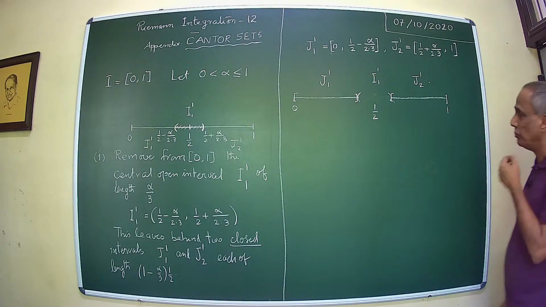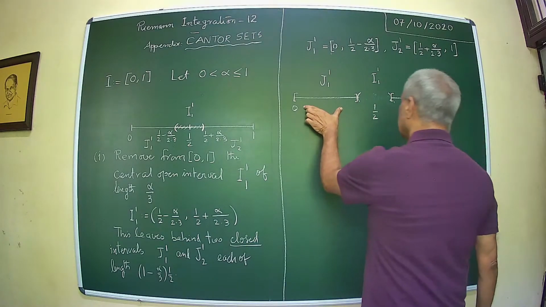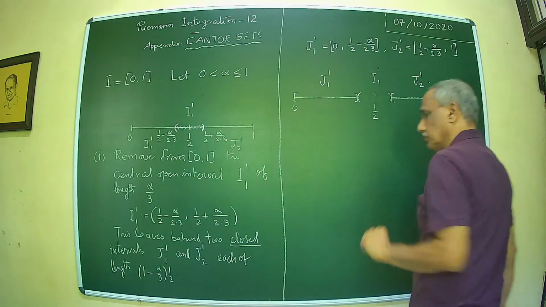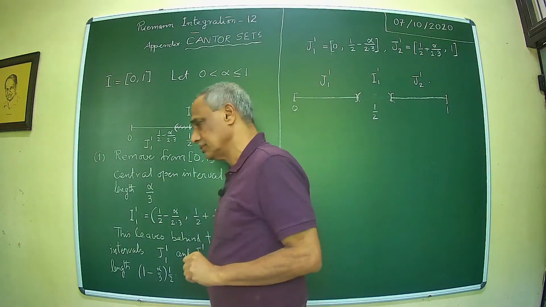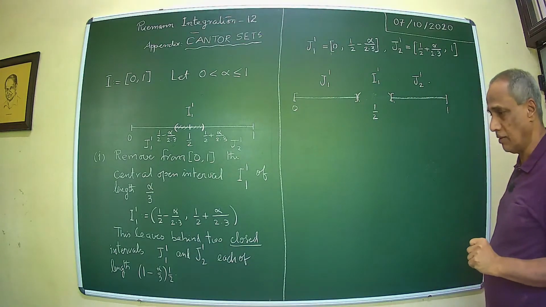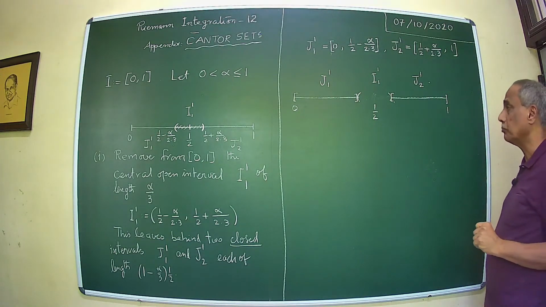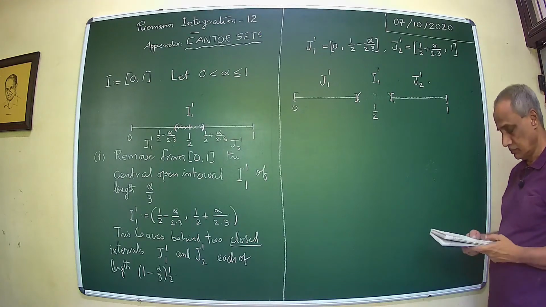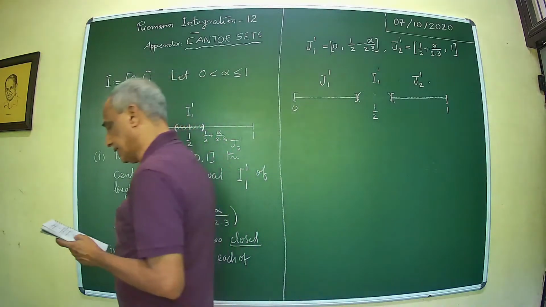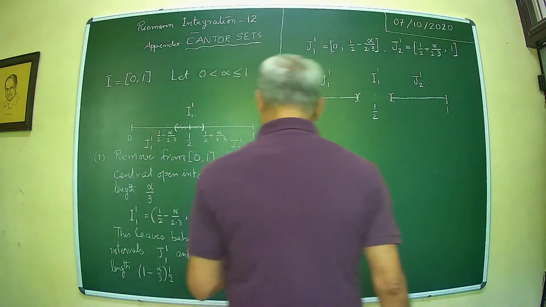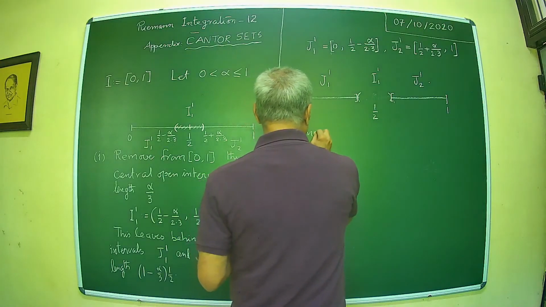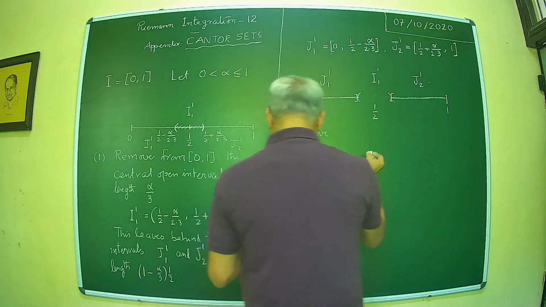Now what do you do? Now again, from J11 and J12 you remove the middle portion, each of length alpha by 9. So remove, that is the second stage activity.